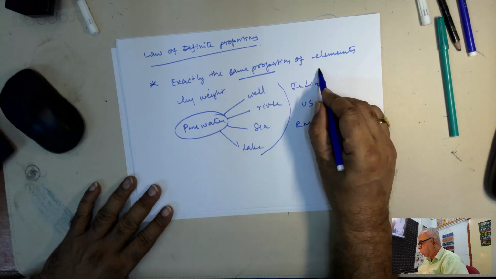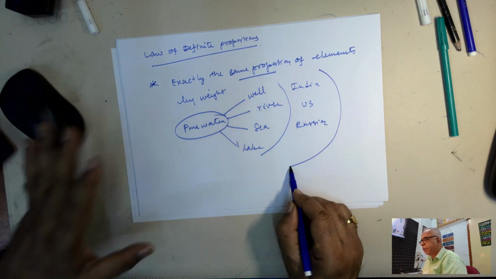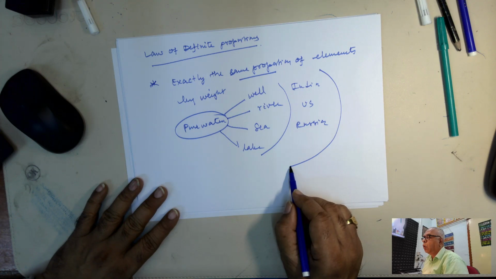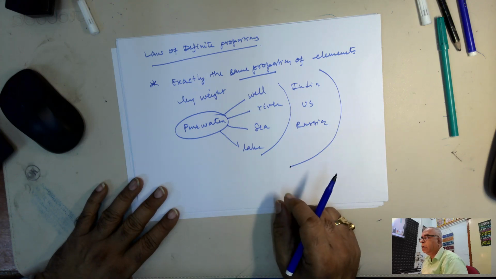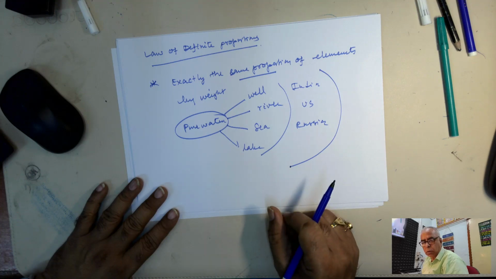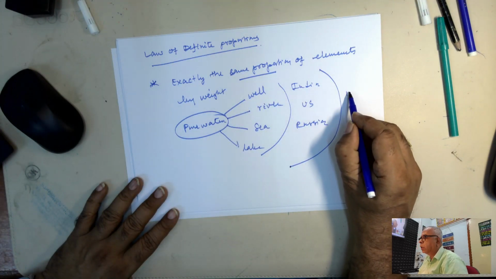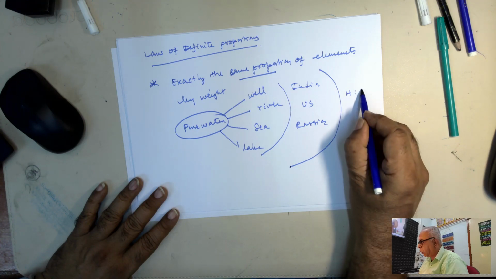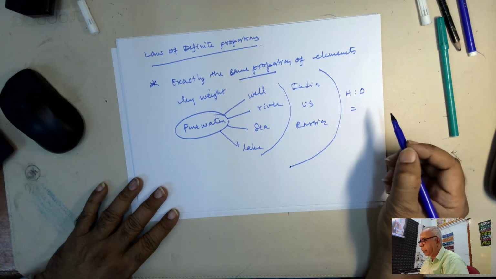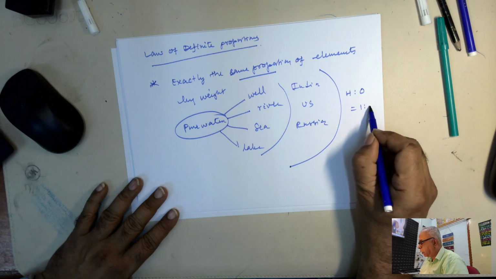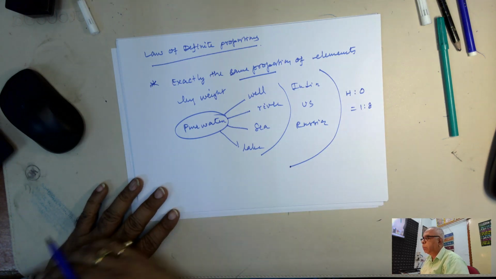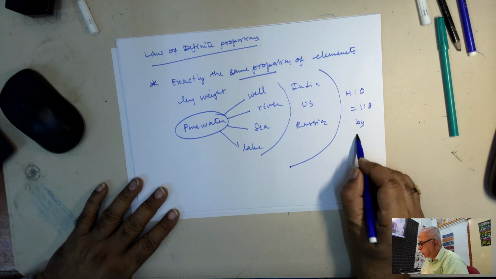But all will definitely have how many atoms of hydrogen? Two hydrogen and one oxygen. But by mass, the hydrogen to oxygen ratio is 1 to 8. Do you understand this?